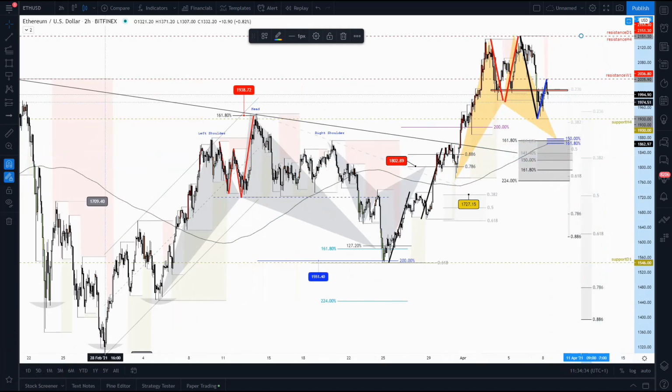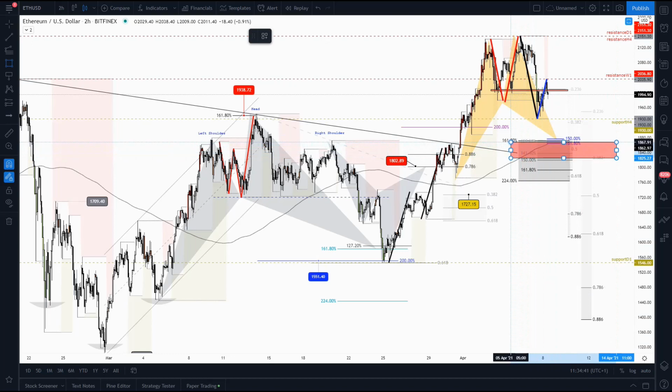Okay, so we have kind of a cluster. If I need to draw a cluster, let's say between the 38% Fibonacci and the golden Fibonacci extension, so that's my range where I believe the market may feel some pressure if reached. We never know if the price will achieve those levels.